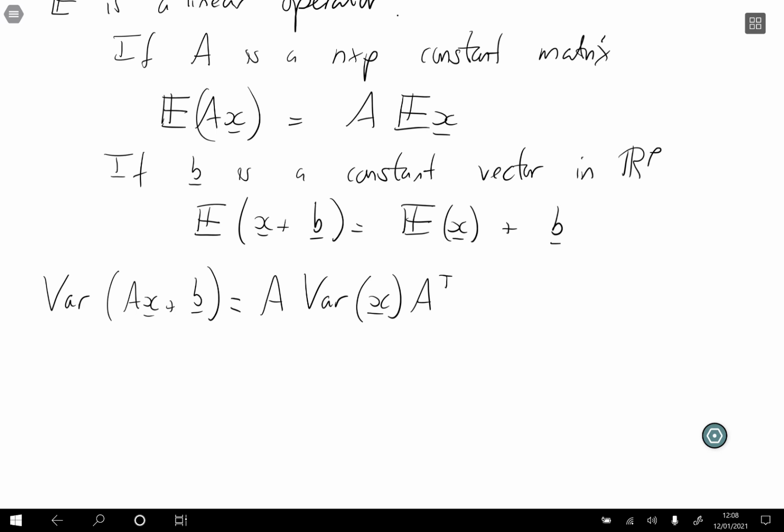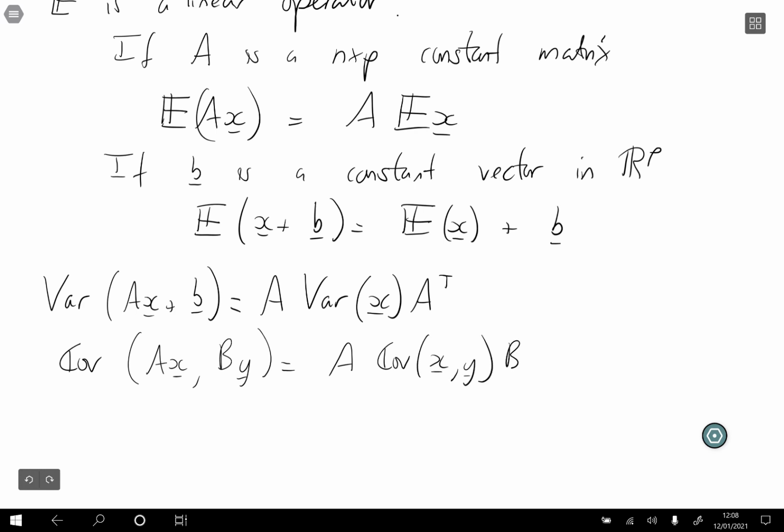So let's consider the covariance between Ax and By, where x and y are random vectors and A and B are constant matrices. Well, this is just A times the covariance of x and y times B transposed.